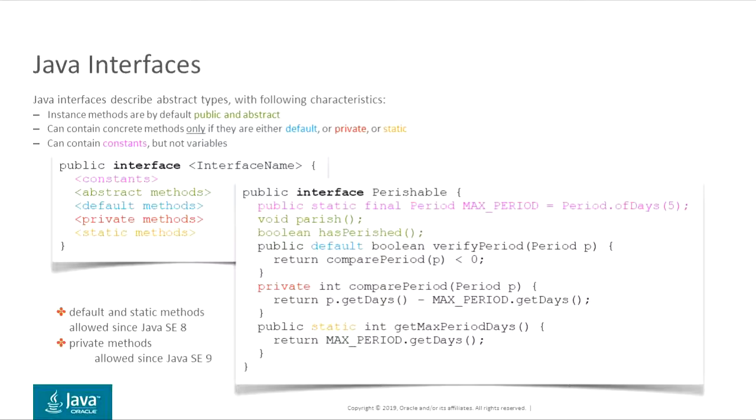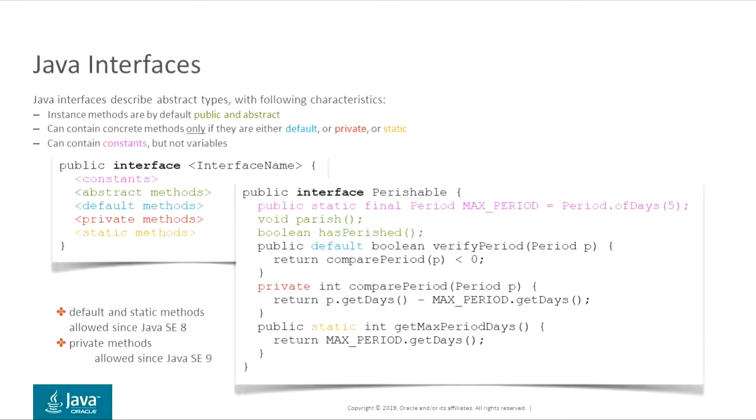Java interfaces. Oh, wow, quite a new set of features here. Now, previously in classic Java, we knew that interfaces were there to provide us with abstract method definitions. But now, since Java SE8 onwards, we have quite a few new abilities.